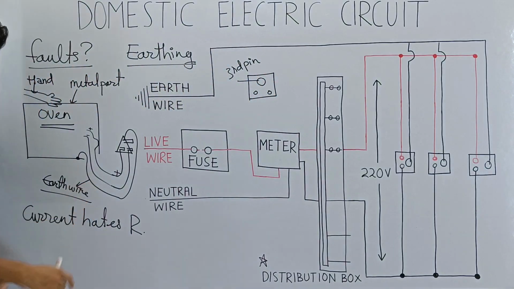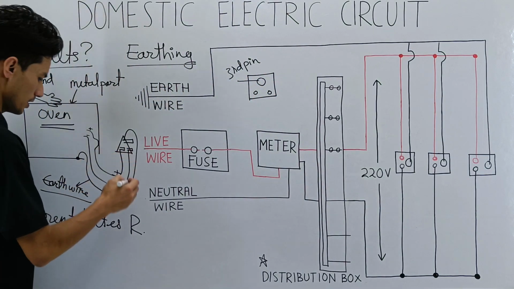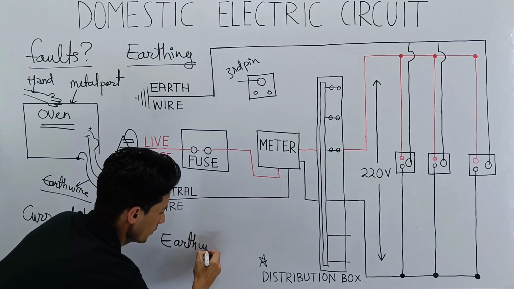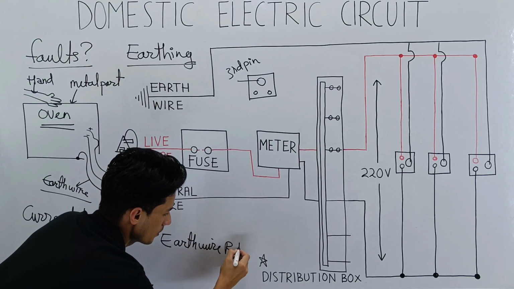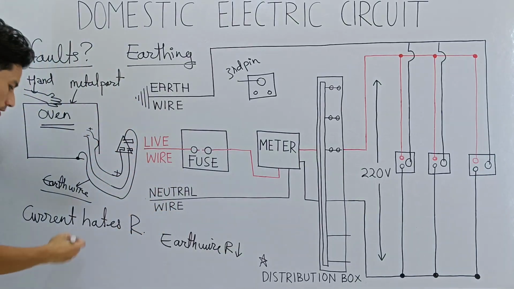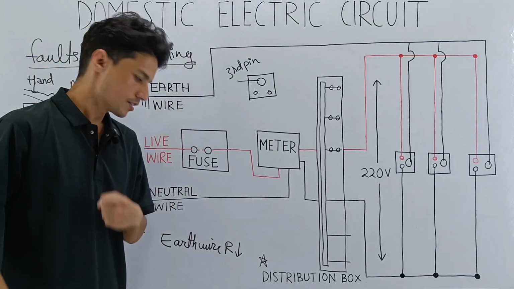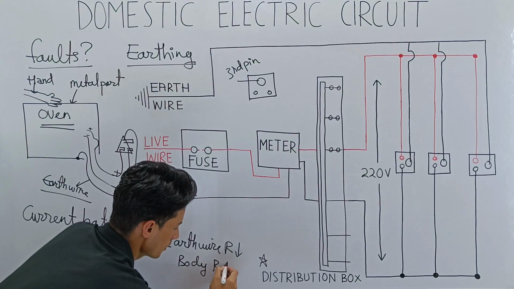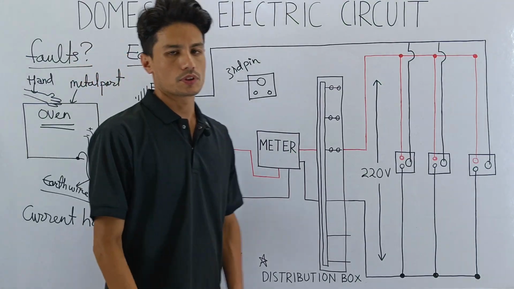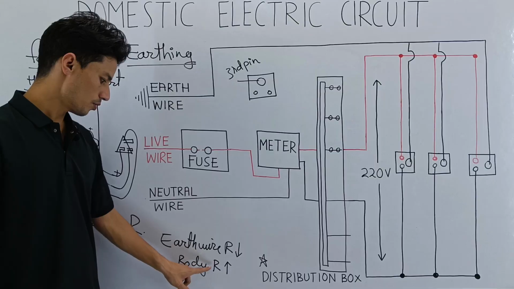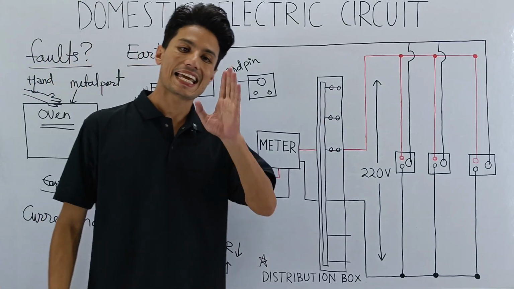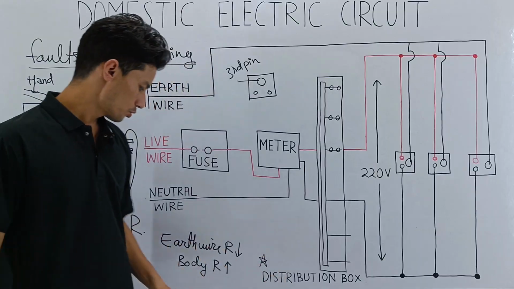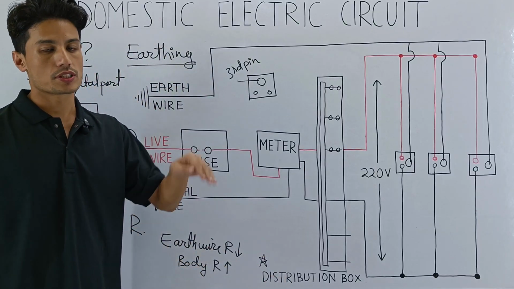Earth wire resistance is very low, whereas our body resistance is very high. So current will choose the earth wire over our body because current hates resistance. Clear?